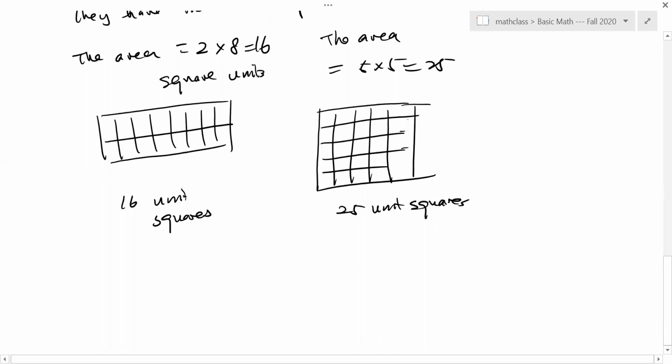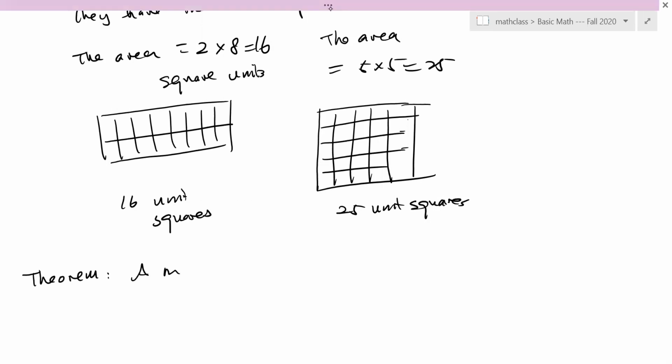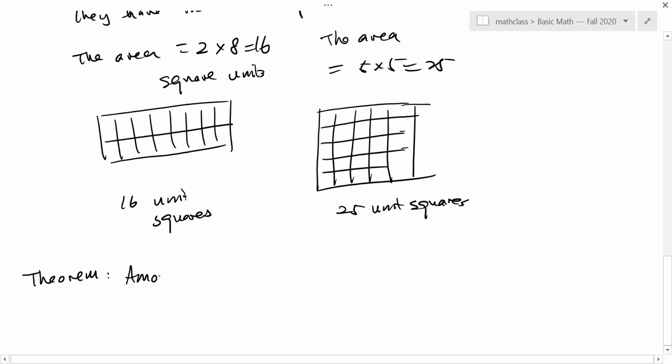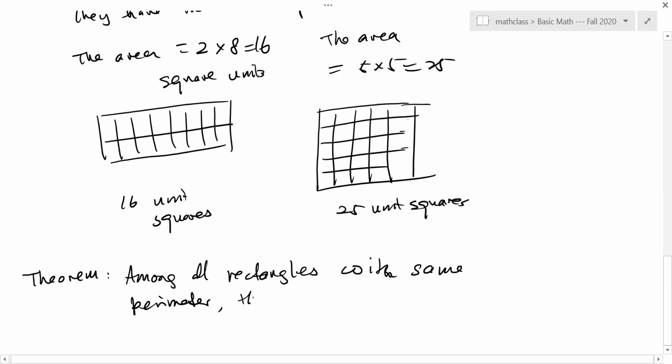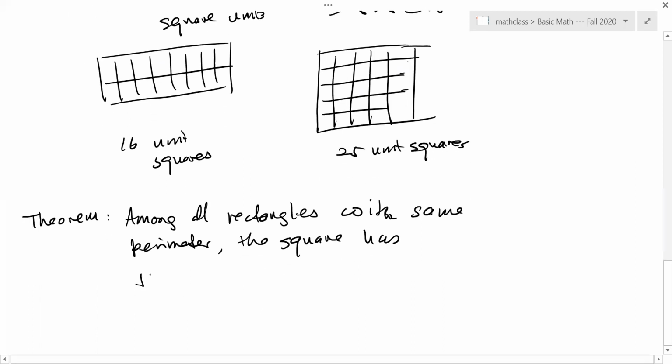So in general, we have the following theorem in mathematics: among all the rectangles with the same parameter, the square has the largest possible area.